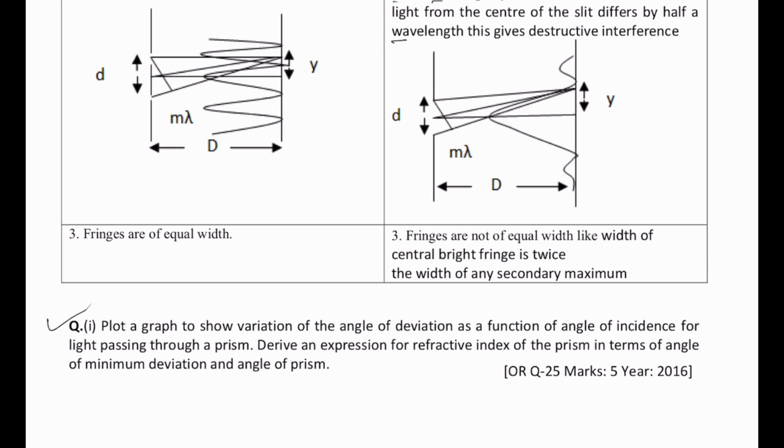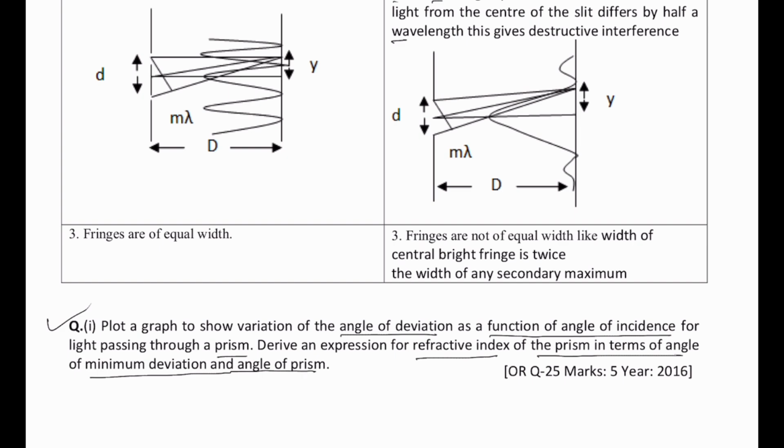Plot a graph to show the variation of angle of deviation as a function of angle of incidence for light passing through a prism. Derive an expression for the refractive index of a prism in terms of the angle of minimum deviation and the angle of prism.